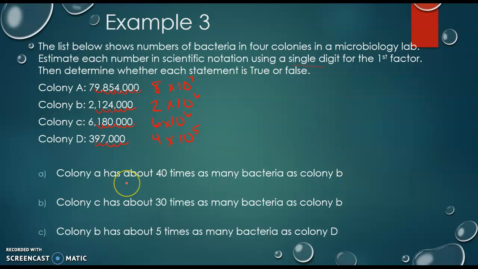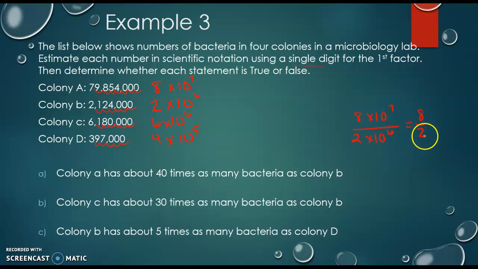Colony A has about 40 times as many bacteria as colony B. That is what we're here to find out. So how to find that out is we're going to take colony A, which is 8 times 10 to the 7th, and we are going to divide it by colony B, which is 2 times 10 to the 6th.